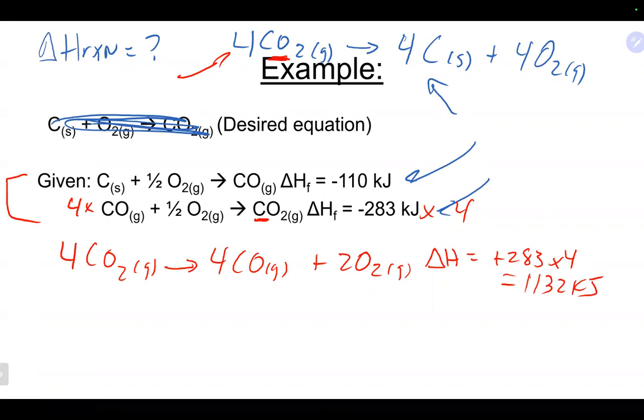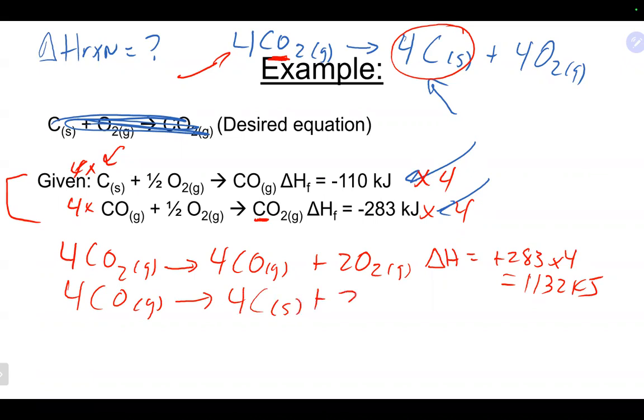Next, I'm going to roll to the other side where I see carbon there on the right-hand side. Once again, carbon is on the left-hand side here. So we're going to reverse it, and we also need 4 of that one as well. So we're going to multiply the top one by 4 as well. So reversing it will give us 4 of the CO and 4 of the carbon plus 2 of the O2 there.